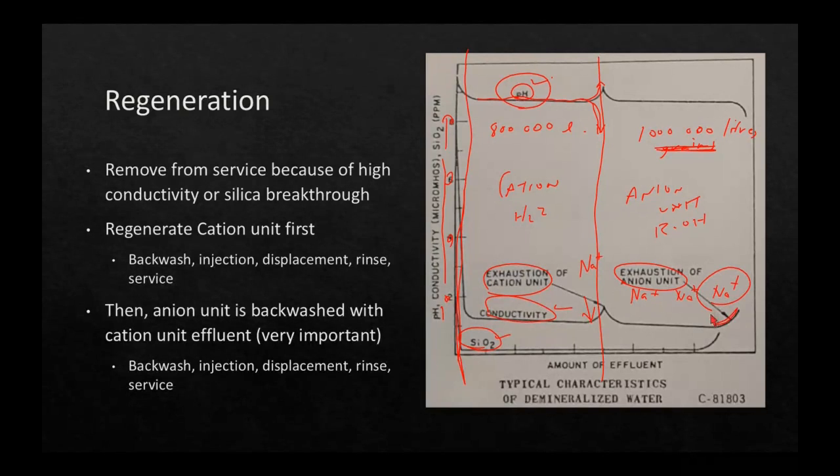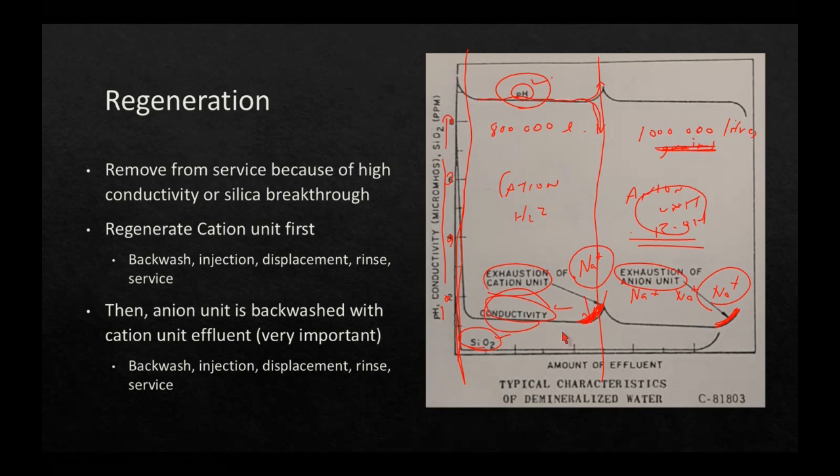So here's what we're going to do. Instead of waiting for this conductivity right at the end, the exhaustion point is about 200,000 liters earlier than the anion unit. That means 200,000 liters before the anion unit is exhausted, we start to see sodium, and we start to see the conductivity go up.